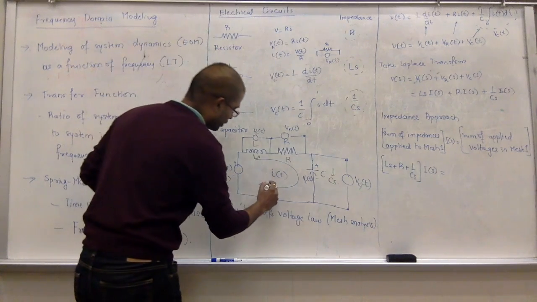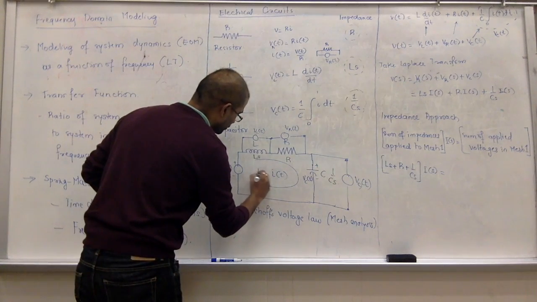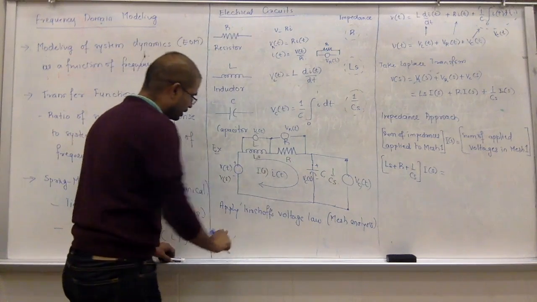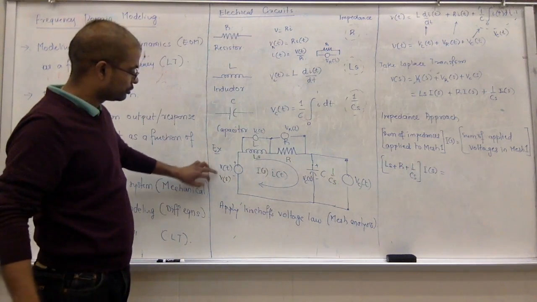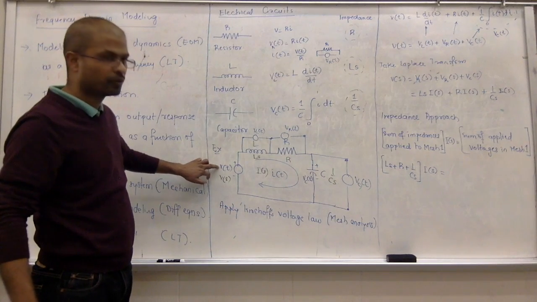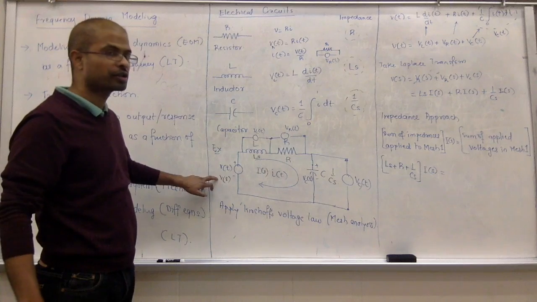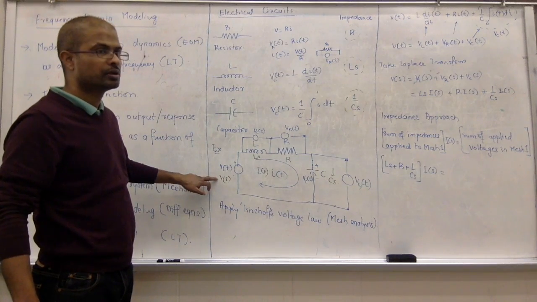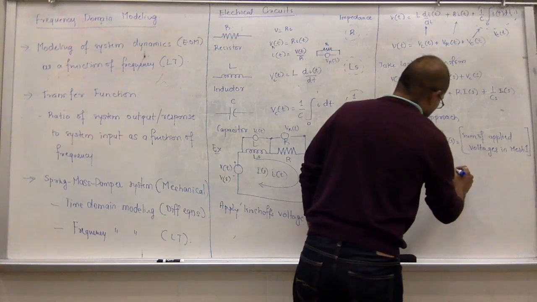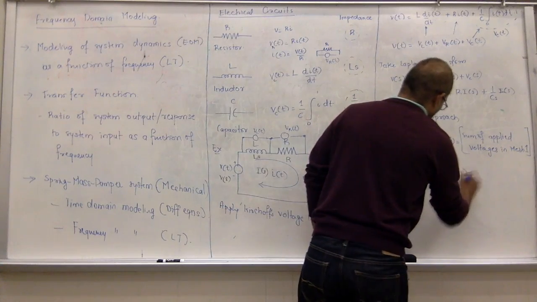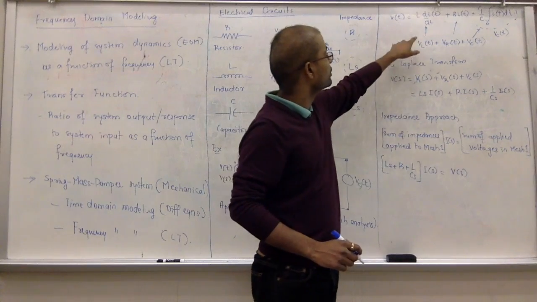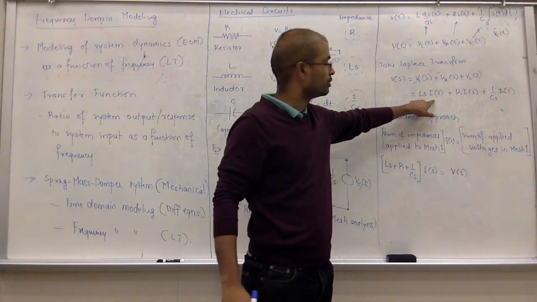And I of t becomes I of s. You should not be too overwhelmed with this. This is just voltage expressed as a function of time. This is voltage expressed as a function of frequency. So here I of s is equal to this. If you see this, it's the same as this. You see it?